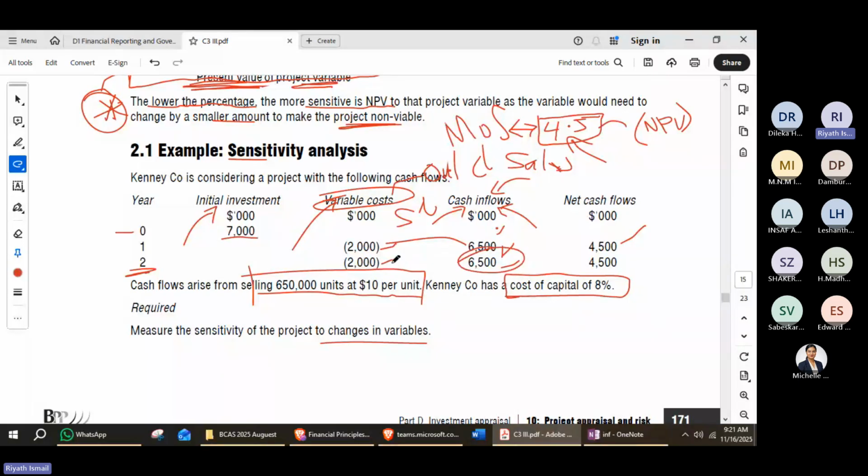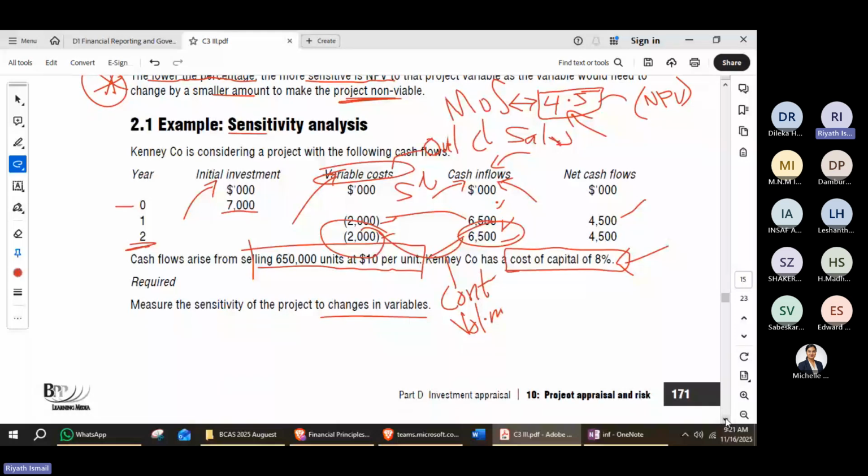This is sales, this is variable cost, and the difference is contribution. Contribution comes because of sales volume. Another variable is the cost of capital. So there are a lot of things here. Let's see.